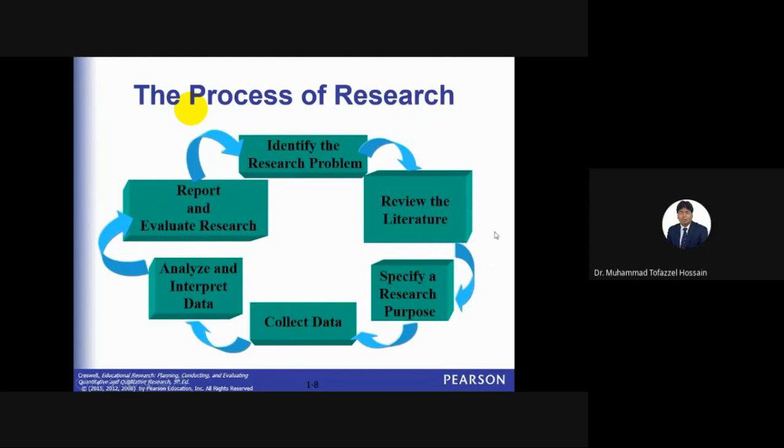So what is the purpose? Write down. What is the purpose of reviewing the literature? Finding out the research gap. All of you write down, please. Take notes, otherwise you'll forget. The main purpose of reviewing the literature is to find out the research gap. So this is the gap. You have to fulfill the gap, because research always wants to contribute something new.